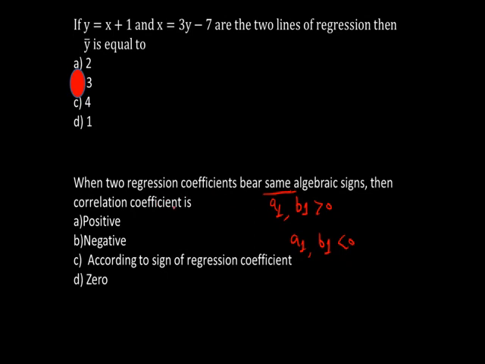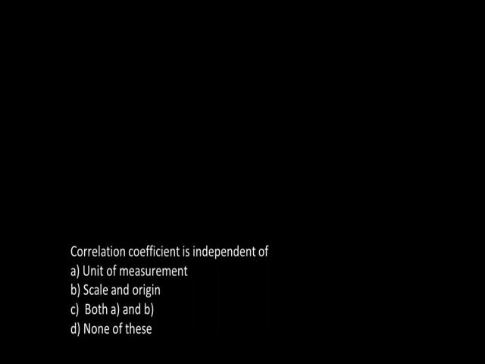If both of them are less than 0, then the correlation coefficient will be less than 0. Therefore the correct answer is according to the sign of the regression coefficients, given by option C, right? In this way many questions can be framed.